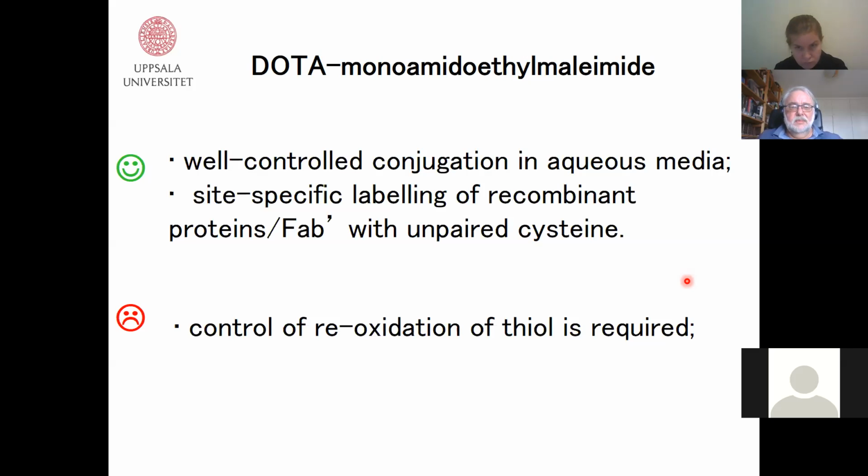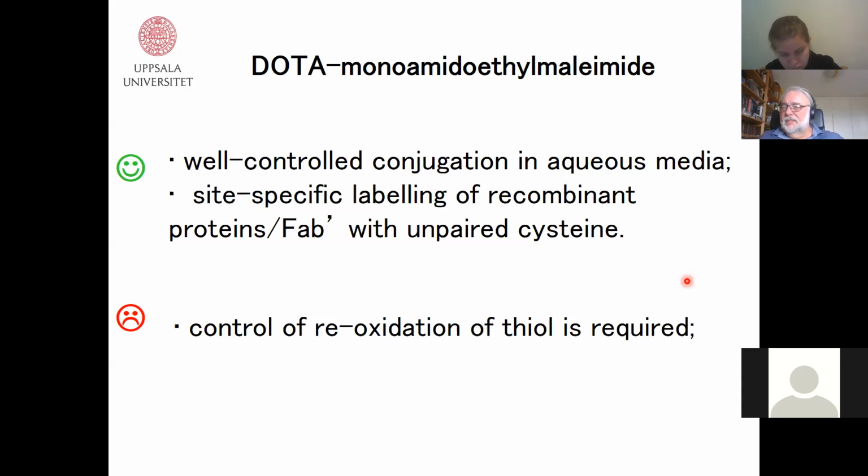It can be used for scaffold proteins. It can be used for labeling of Fab fragments of antibodies, for example, which typically contain a free SH group, in a site-specific manner, which is a good advantage.